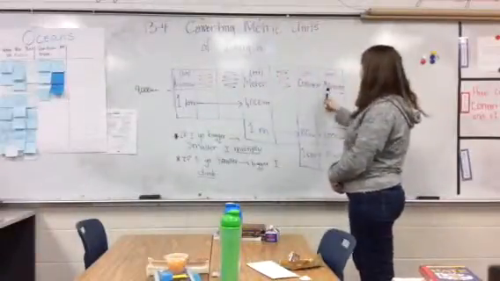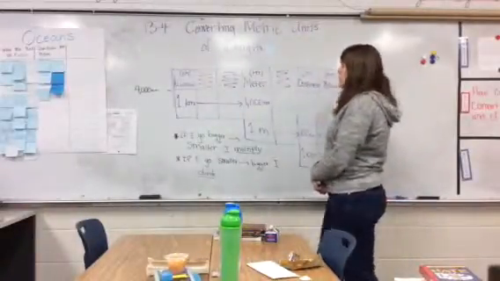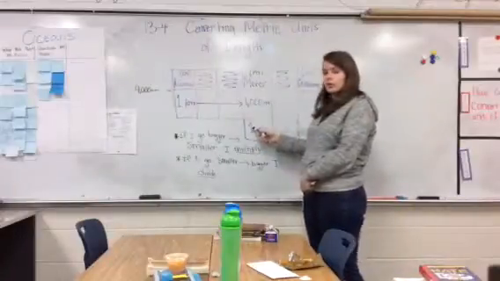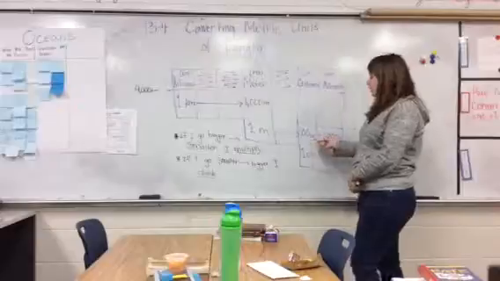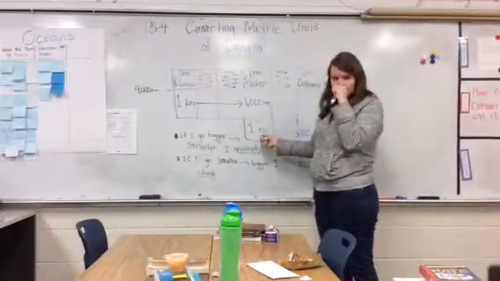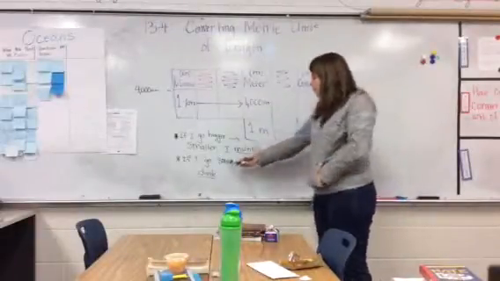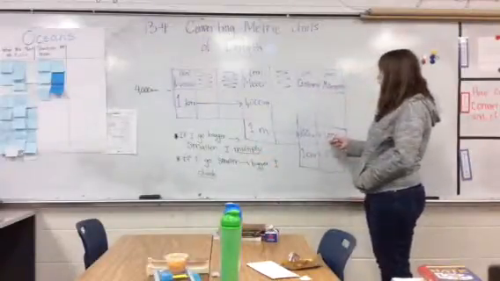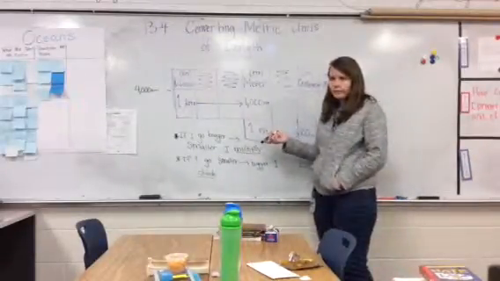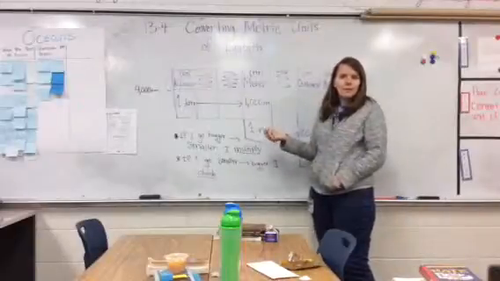So I'm starting at millimeters, and I'm going to meters. So I'm looking right here. If 1,000 millimeters is the same thing as 1 meter, I know I'm going smaller to bigger, so I have to divide. What did I divide 1,000 by to get 1? I divided it by 1,000.